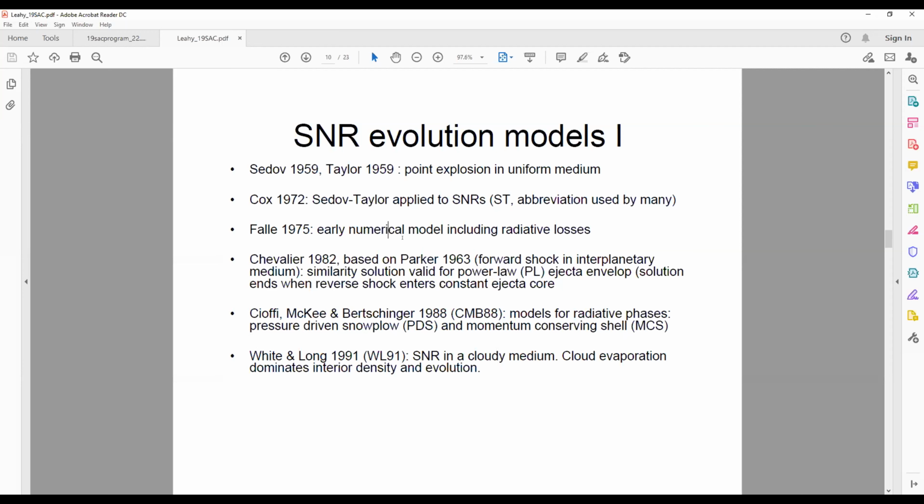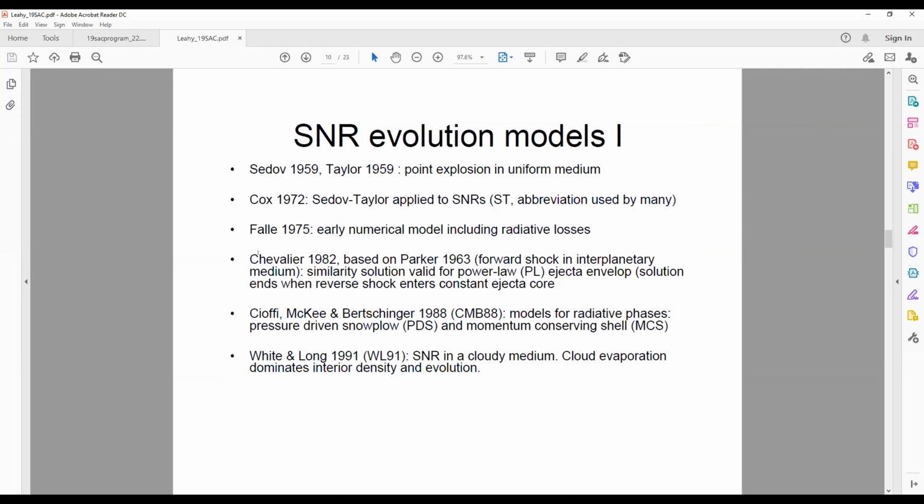And later on, the modeling of the ejecta was considered. That took a little over 20 years. So Roger Chevalier developed these similarity solutions, which generalized the Sedov model to allow for ejecta inside the supernova remnant.